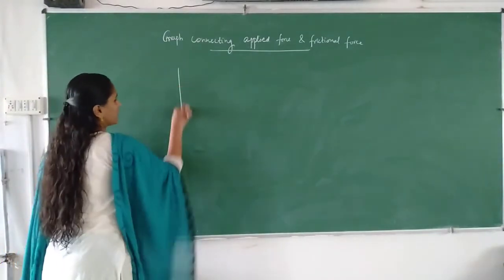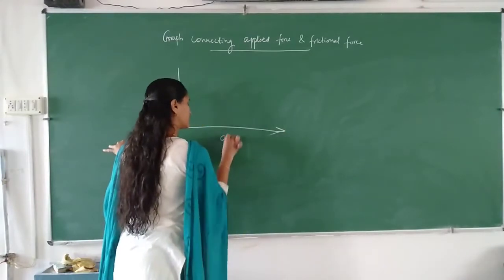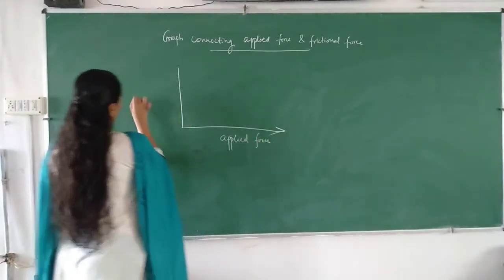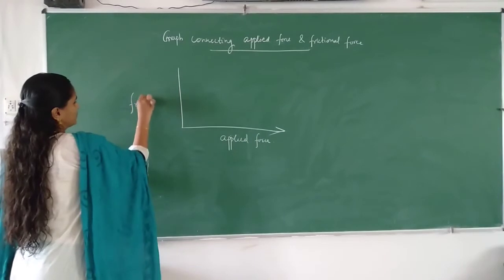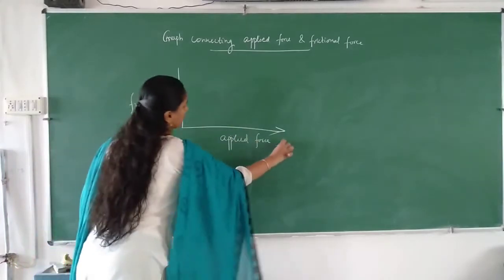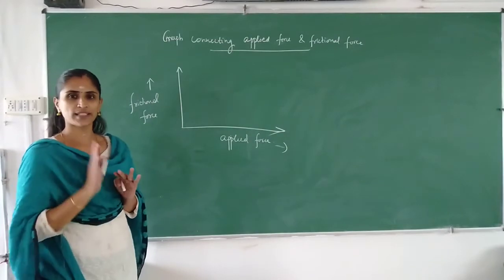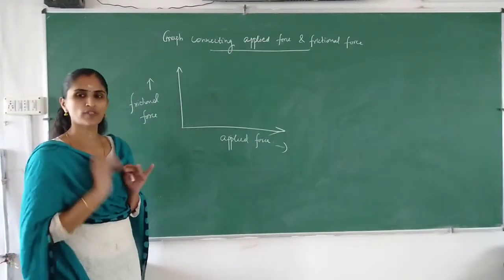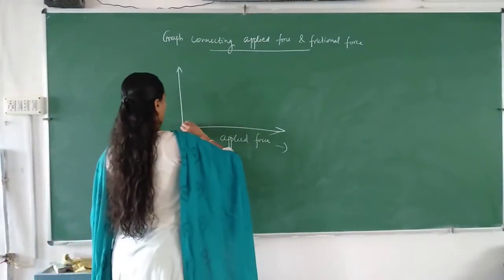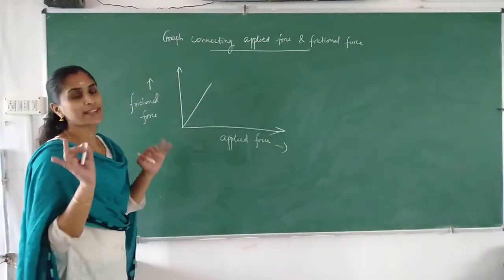Okay, so if we are plotting a graph, we can see that this is applied force and frictional force. We are plotting a graph between applied force and frictional force. As the applied force increases from 0, frictional force also increases. It is a linear curve. So this part corresponds to static friction.